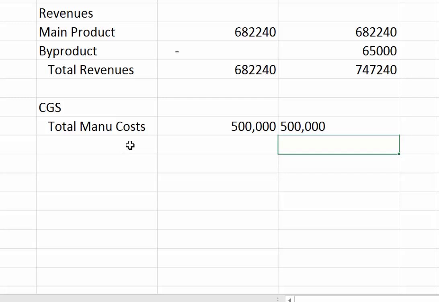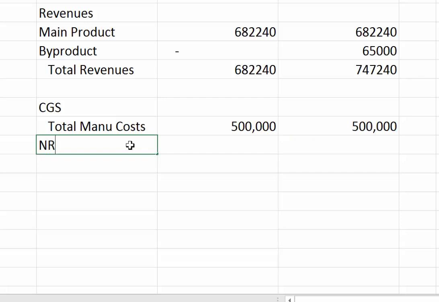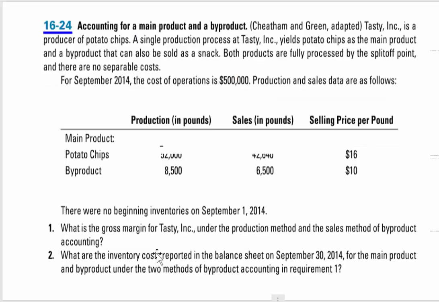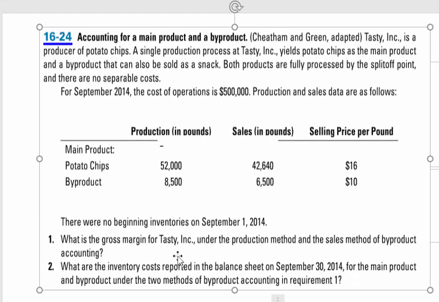So now the question is how to allocate 500,000 for the production method. Because we recognize revenue, we're going to use the NRV of the byproduct to offset. So I'm going to put a negative value. You can go back to the question to see how many we have. We have 8,500, and the selling price is $10.